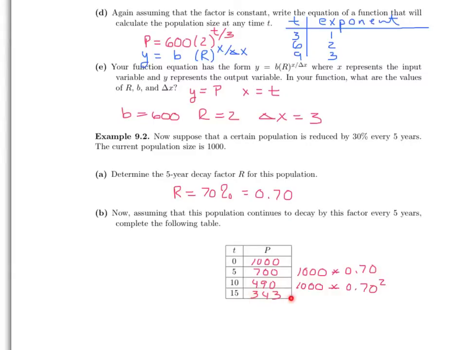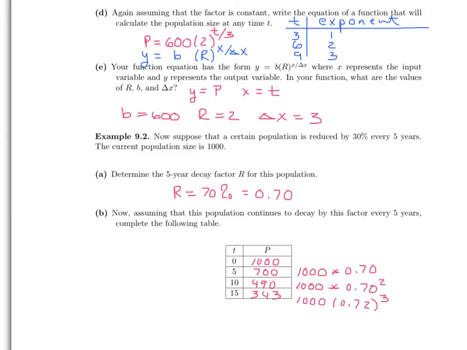To calculate the population in year 15, we took the 490, in other words, this quantity, and multiplied it by another 0.7, which means we were really calculating 1,000 times 0.7 cubed.